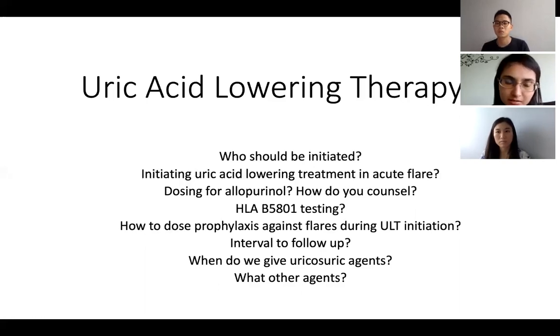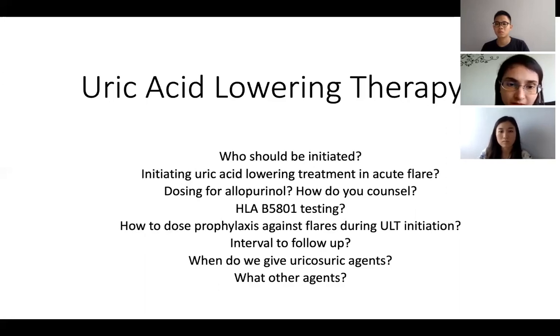The prophylactic options that we have currently are colchicine, number 1, NSAIDs, number 2, and steroids, number 3. But usually we tend to use either colchicine or prednisolone. With regards to the dosing, in patients with a normal eGFR of more than 60, we tend to give a daily dosing, 500 microgram.